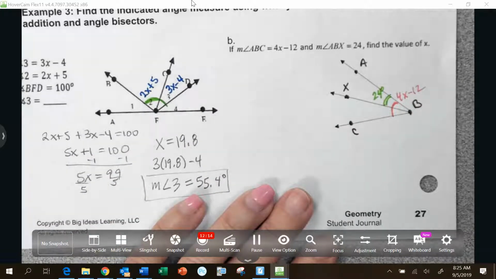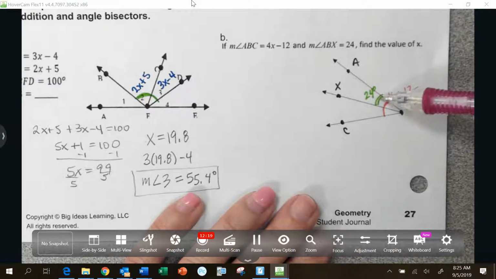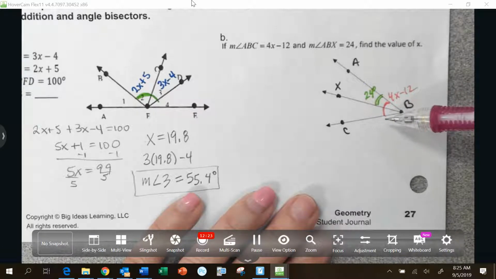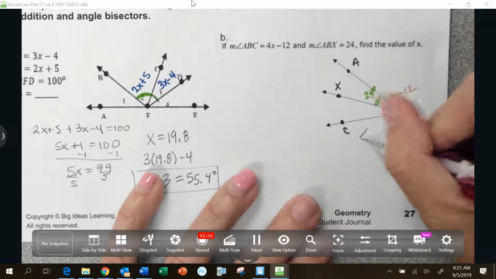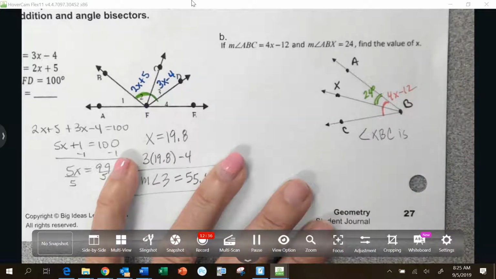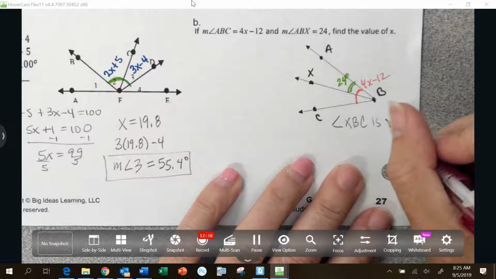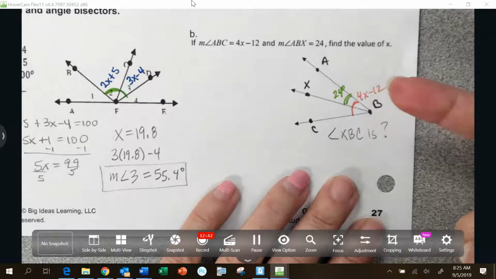Maybe it should have been a bisector, but if all I know is this one little angle is 24, and I know the full thing is 4x minus 12, there's no way I can solve this. The only way I could solve this is if I knew something about angle XBC. So right now this question is not solvable.